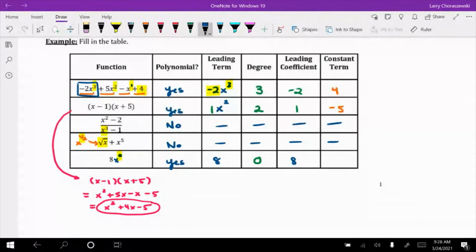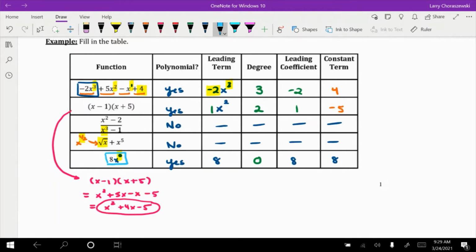And then the constant term would also be 8. So basically we're operating with just this one single term that makes up this function. All right, so 8 times x to the 0.